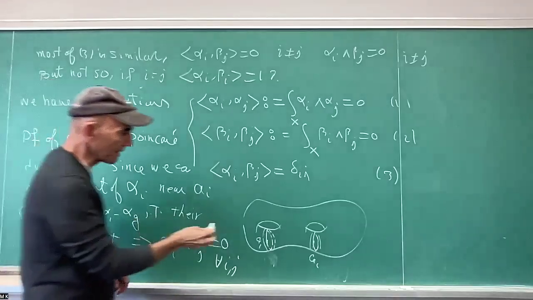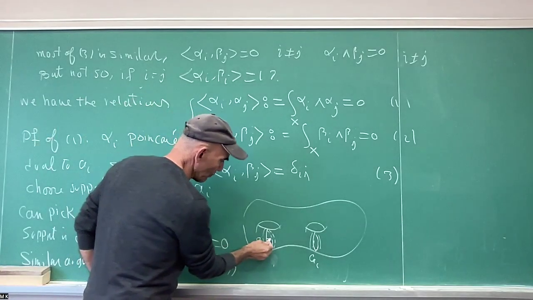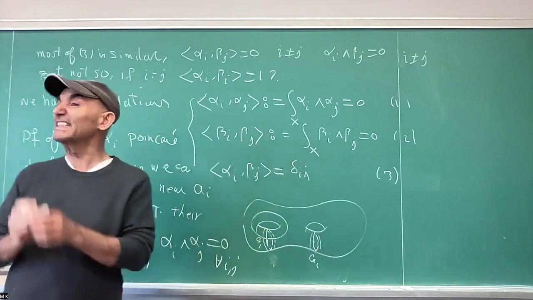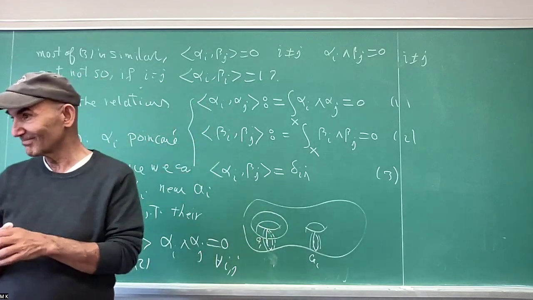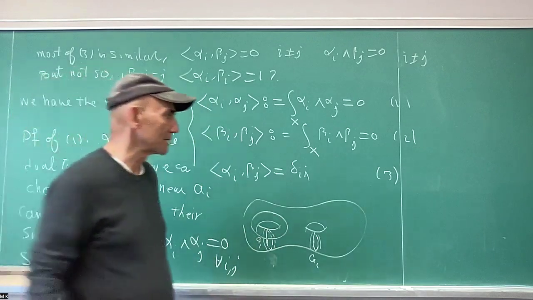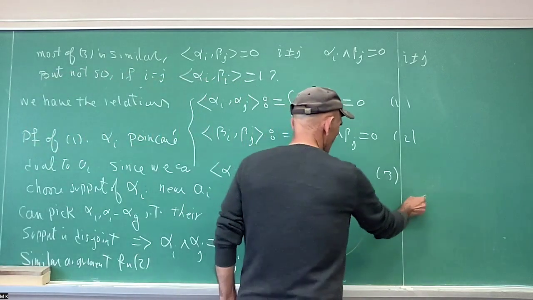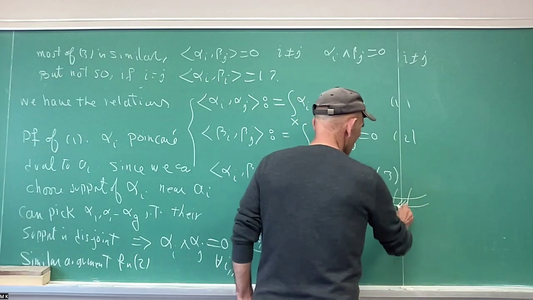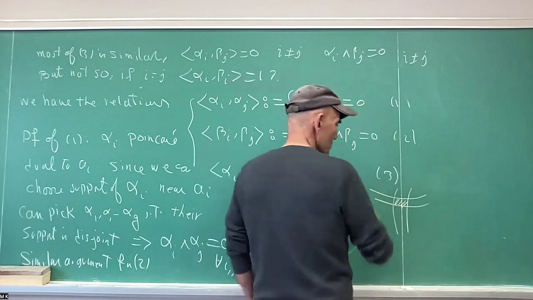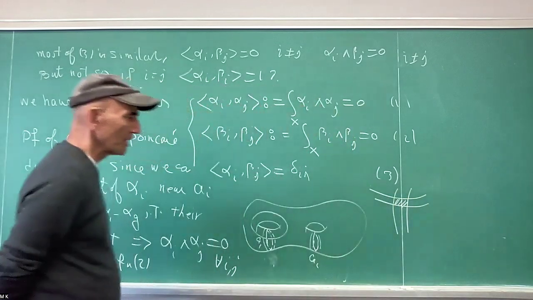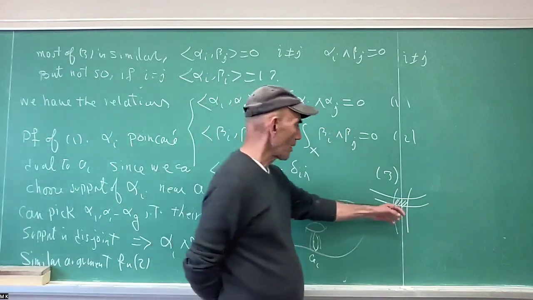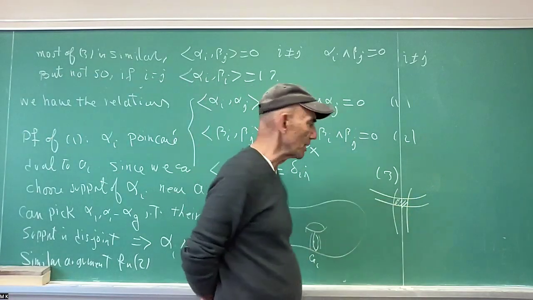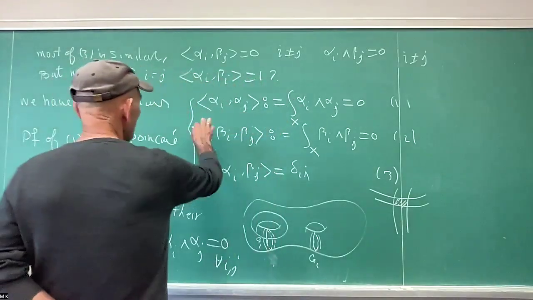In this case, for example, beta 1 has support here, so their supports definitely intersect. You have a band here and here, and there is a support intersection. The trick is you can use Stokes formula to prove that this is equal to 1 in this case.